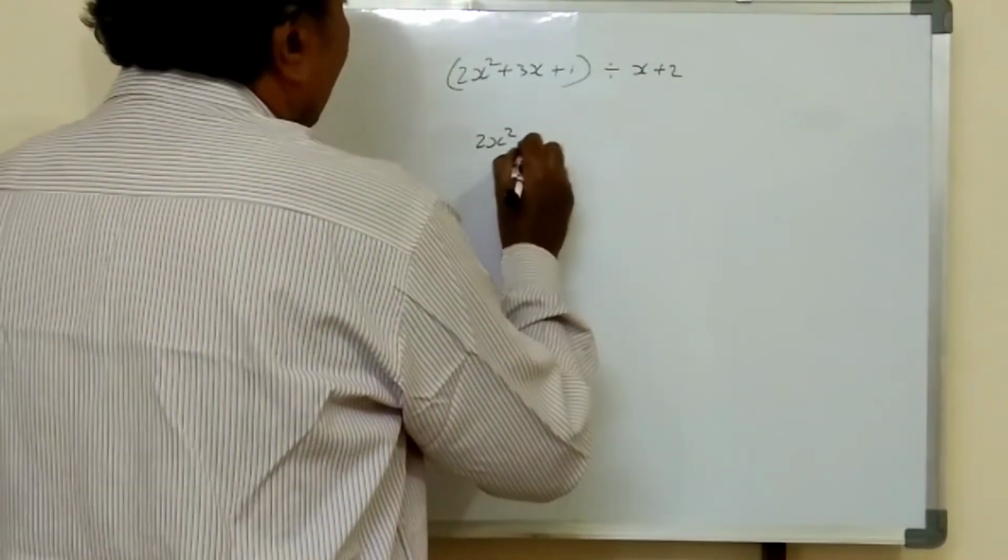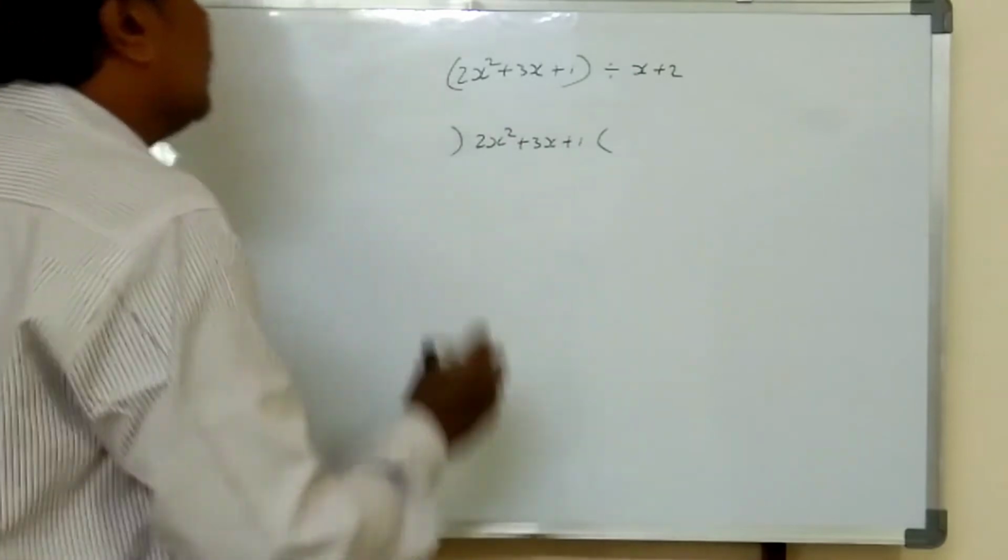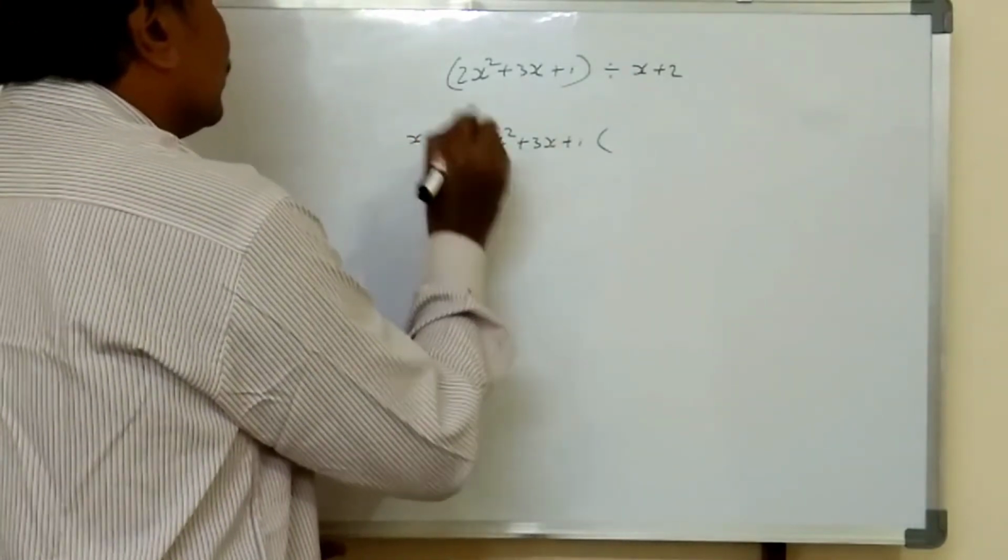So 2x square plus 3x plus 1 is divided by x plus 2.